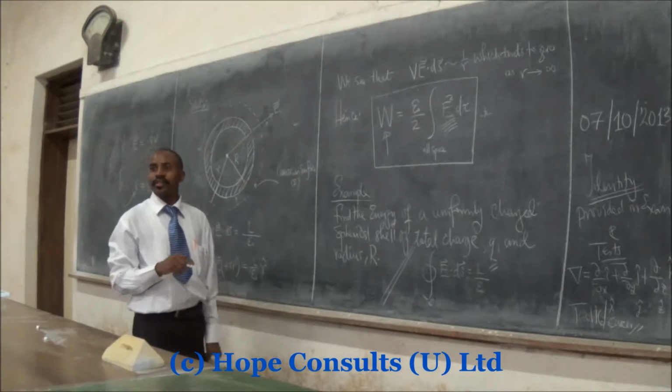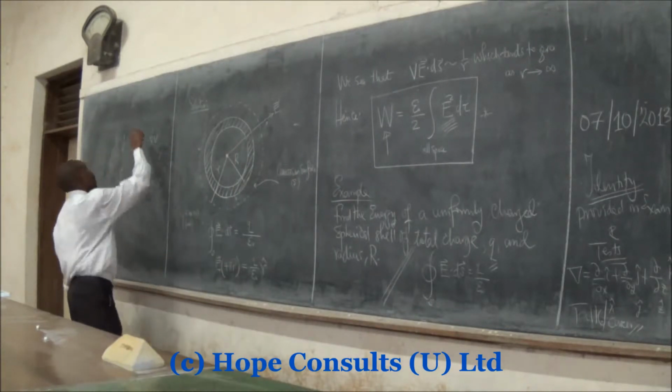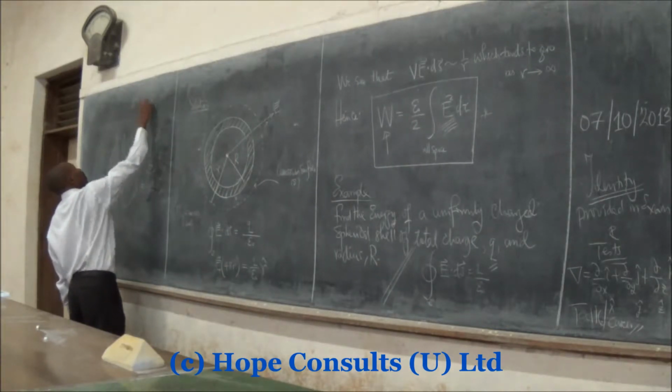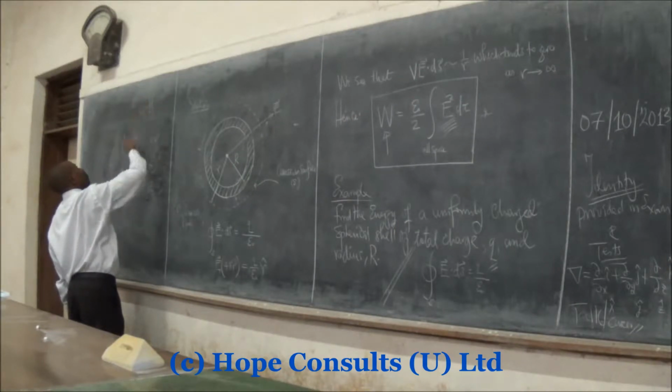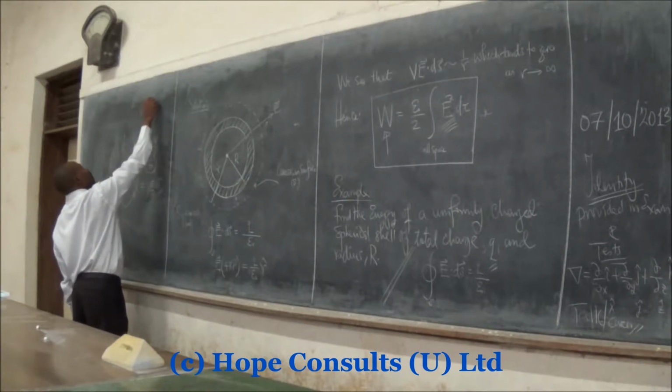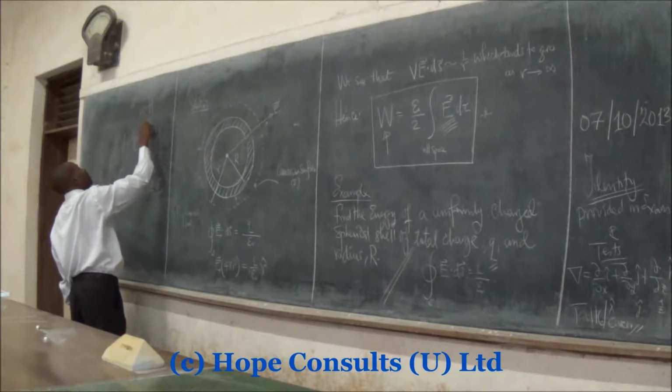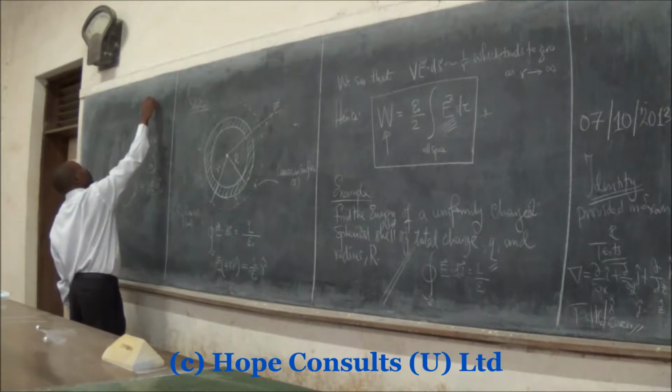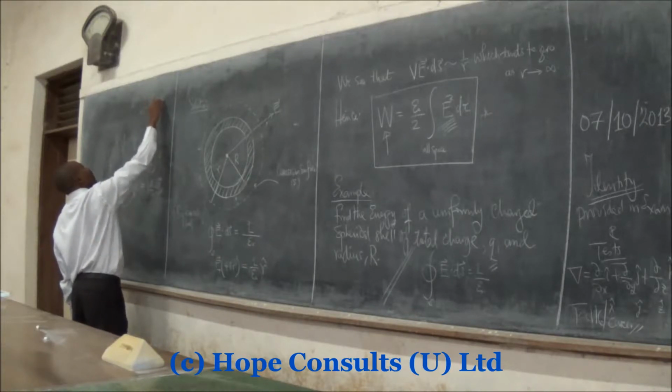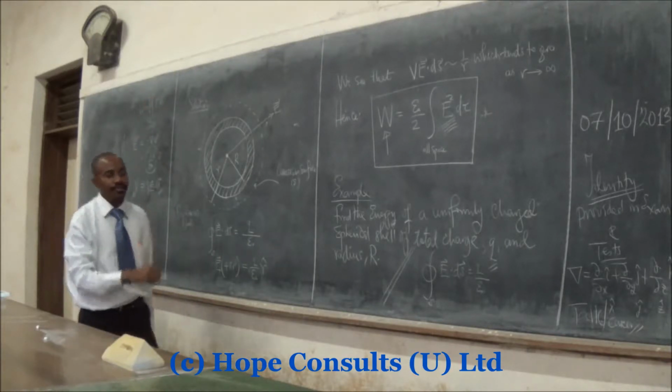The idea is that if we can get this electric field intensity, so can we get the energy. Once we have our E, we know that energy is epsilon naught over 2 integral over all space, so for this case of a spherical shell, we shall have our E squared.